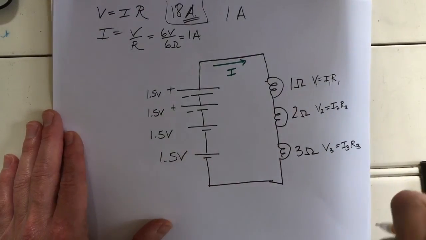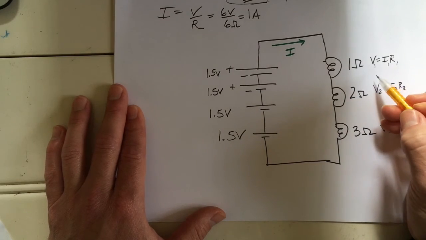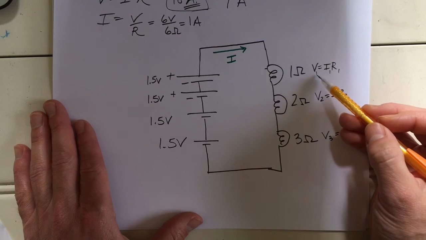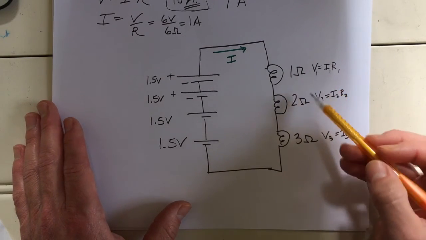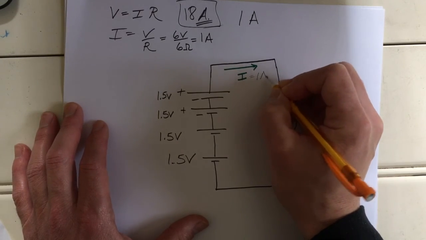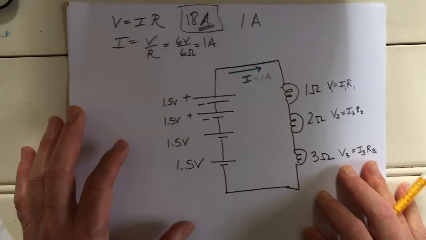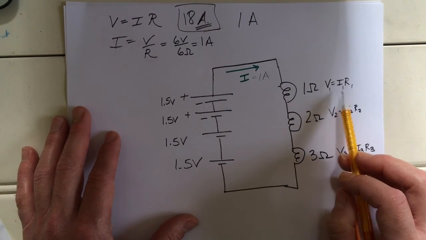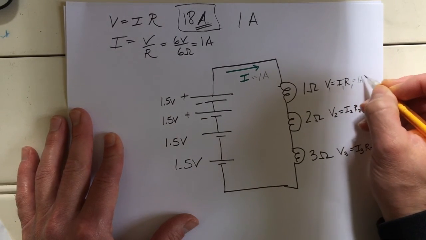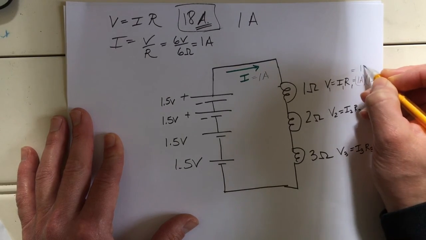So for this bulb right here, it's easier for this first bulb. We can see then that the voltage you would spend, or the potential, would be, if this is equal to 1 amp, because we already proved that, 6 volts divided by 6 ohms, that this would be 1 amp times 1 ohm, which is equal to 1 volt.